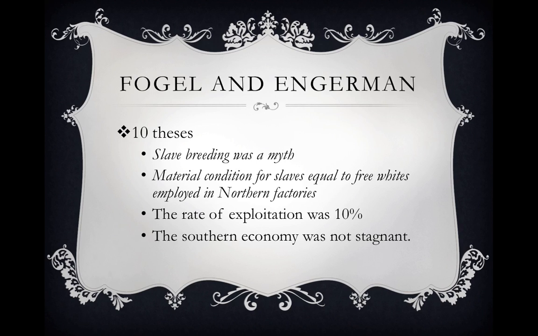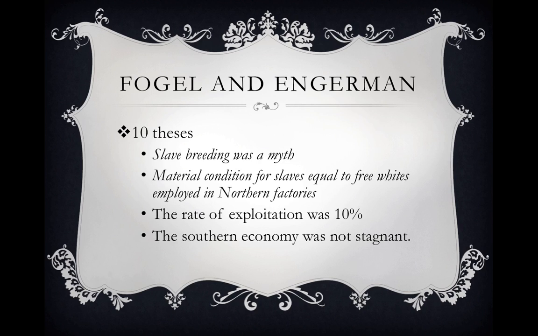If you transform this argument, and we're not talking about people, but we're talking about cattle, do cattle farmers engage in cattle breeding? Yes, they do. Do people who run pig farms, do they engage in pig breeding? Yes, they do. Why do they do this? Because it's economically viable, it's economically rational for them to engage in those activities.